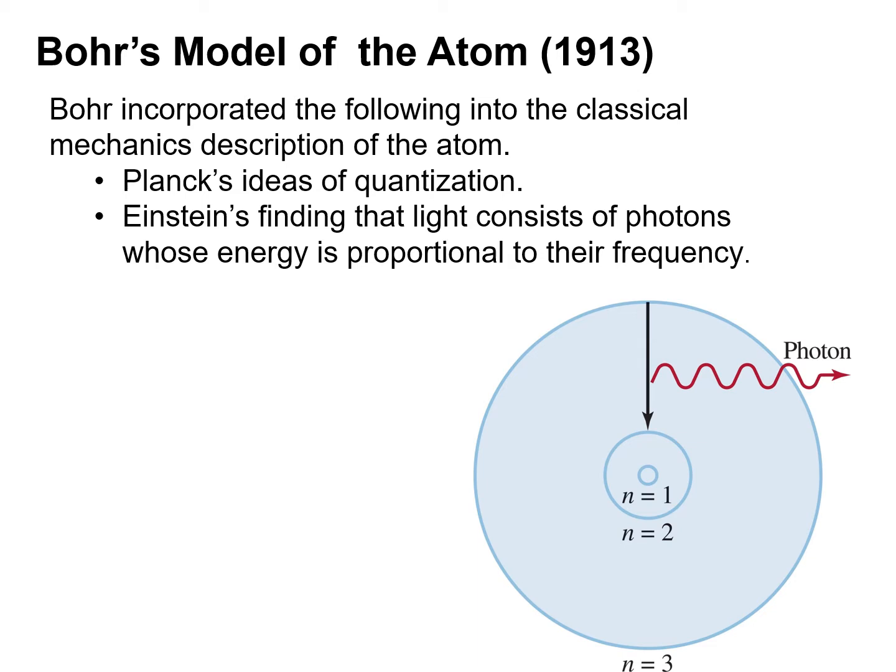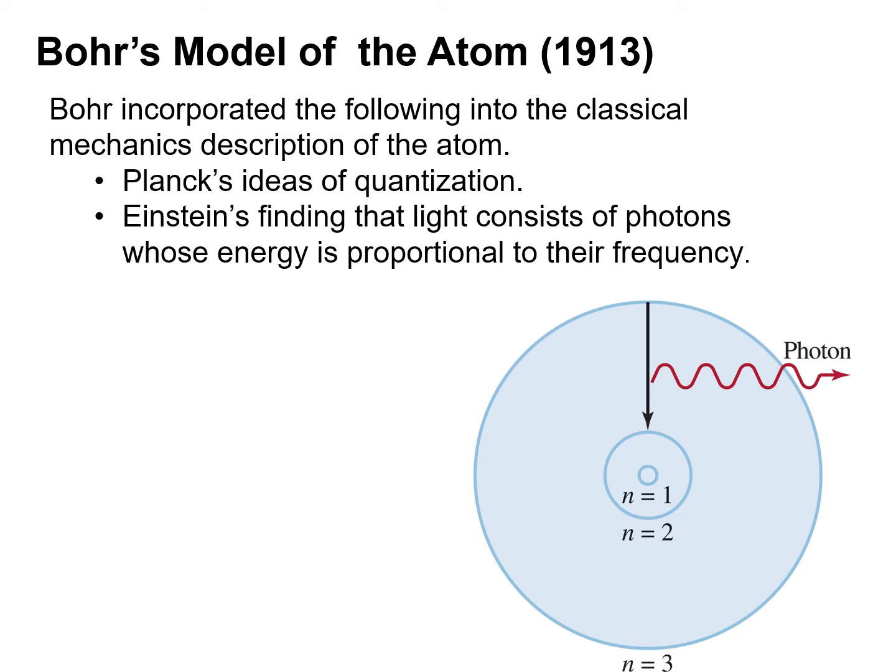There are a lot of good reasons that doesn't work. One of which is, according to the laws of classical physics, this would mean that the electron would ultimately annihilate itself in the nucleus. The reasons for that are a little complicated. You can read more about it in the book, but let's for now just say it didn't work.